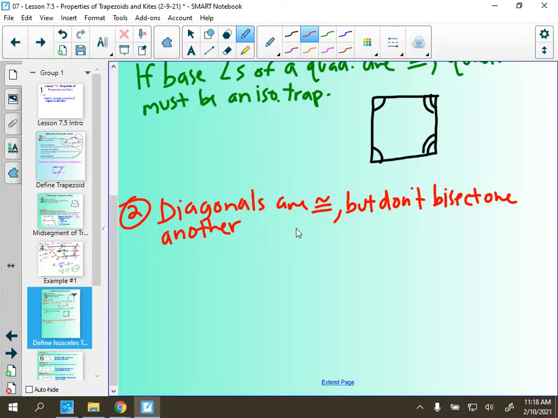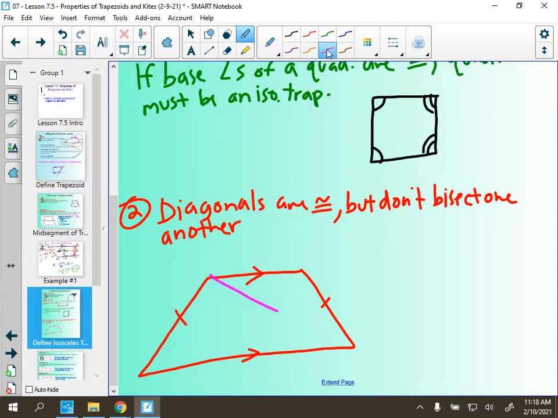So let's do the same thing. Let's make a little picture of an isosceles trapezoid. Okay, sure. Isosceles trapezoid. If I were to draw or sketch in my diagonals, okay, not terrible. I would see, hey, yeah, those are the same length, but this is clearly not the midpoint of each diagonal, right?